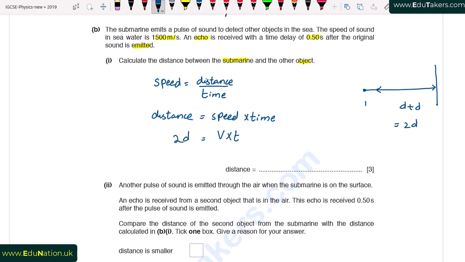But here we have to calculate the value of d, so it will be equal to vt over 2. Speed is 1500 multiplied by time 0.50 divided by 2. So the distance comes to be 380 meters. It means that the distance from this point to this point is 380 meters. So distance is equal to 380 meters.